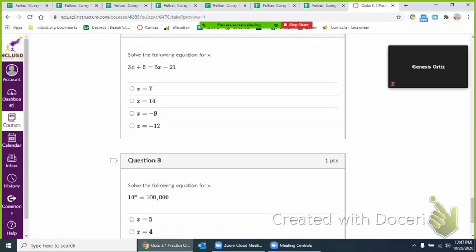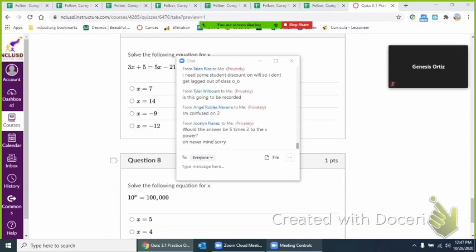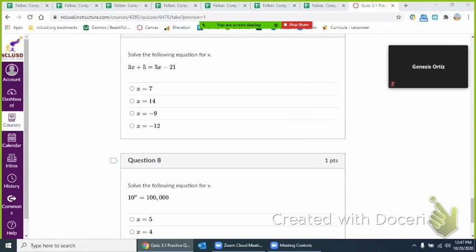All right. And then when we get to 7, okay, have you guys done this stuff before? Because I wasn't planning on going over it. But have you solved equations like this before for x?